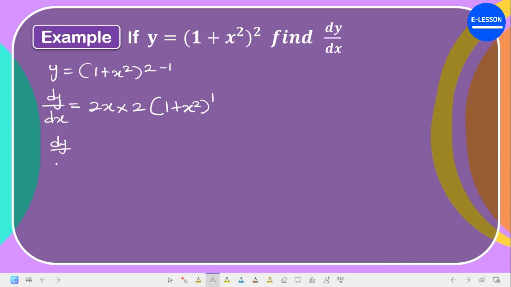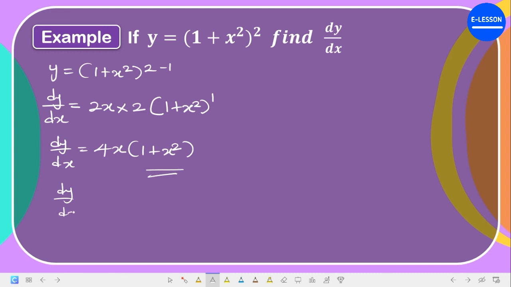And then dy/dx will be equal to 2x times 2 is 4x, bracket 1 plus x squared, because anything raised to the power of 1 is still the same thing. So this is the solution to this question, 4x bracket 1 plus x squared. Should we continue, or we can end here? We can continue with this.